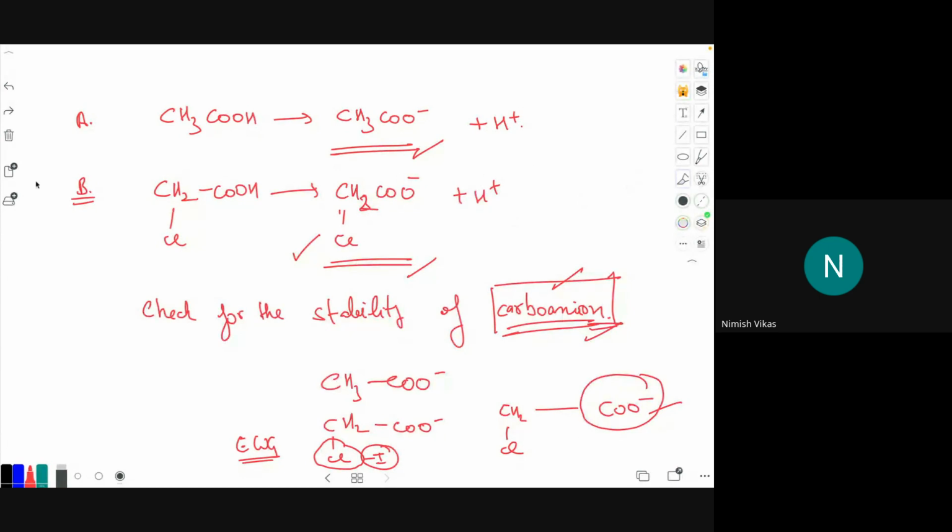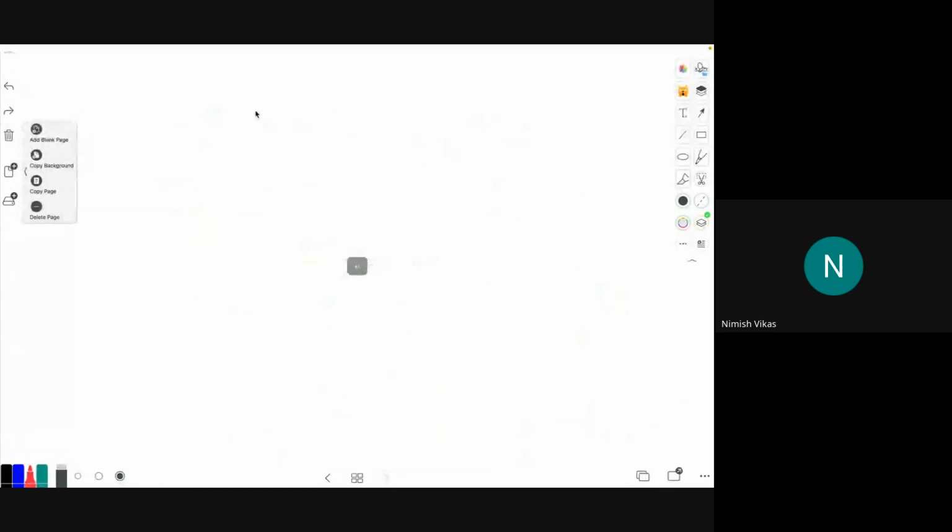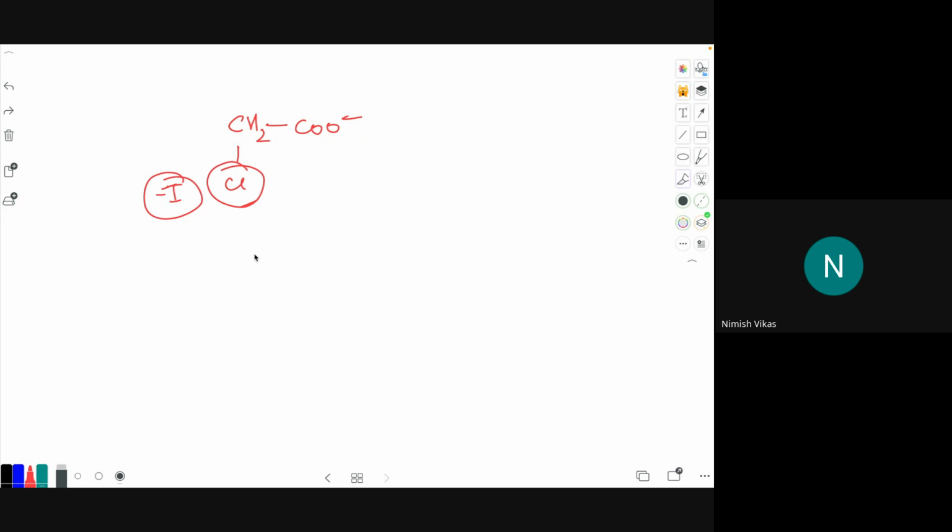I'll repeat it again in an easier way. This Cl shows minus I effect. What is this minus I effect? It means it will pull the electron density towards itself. So always remember, when this anion is there, we want to make it a neutral compound.